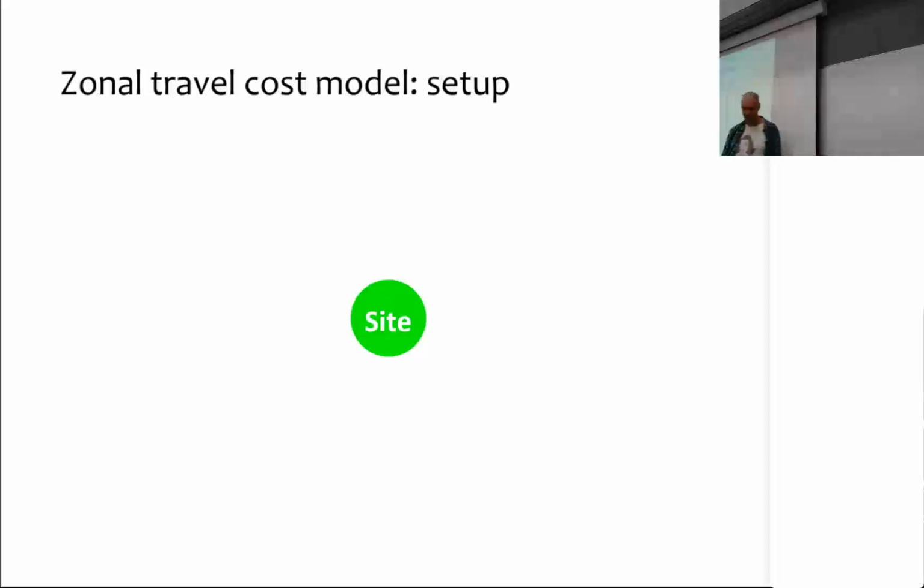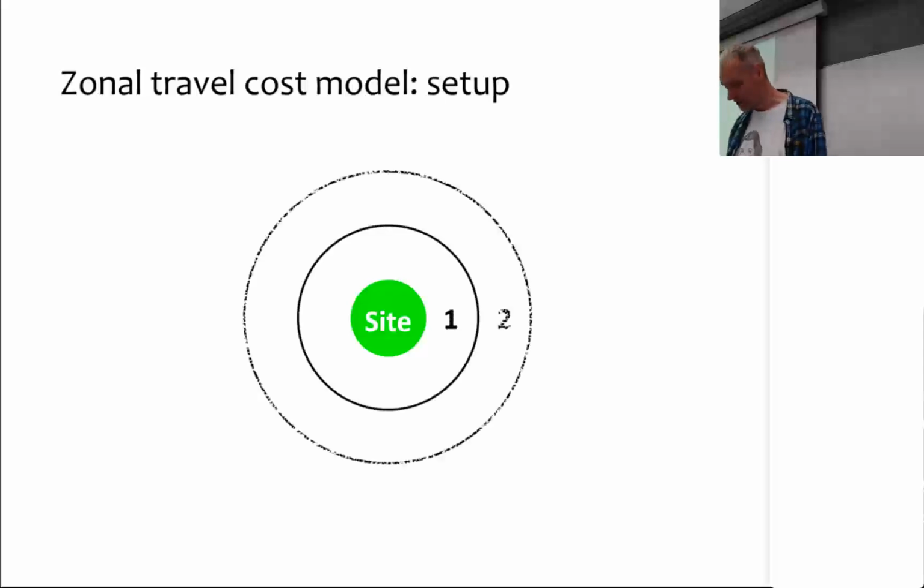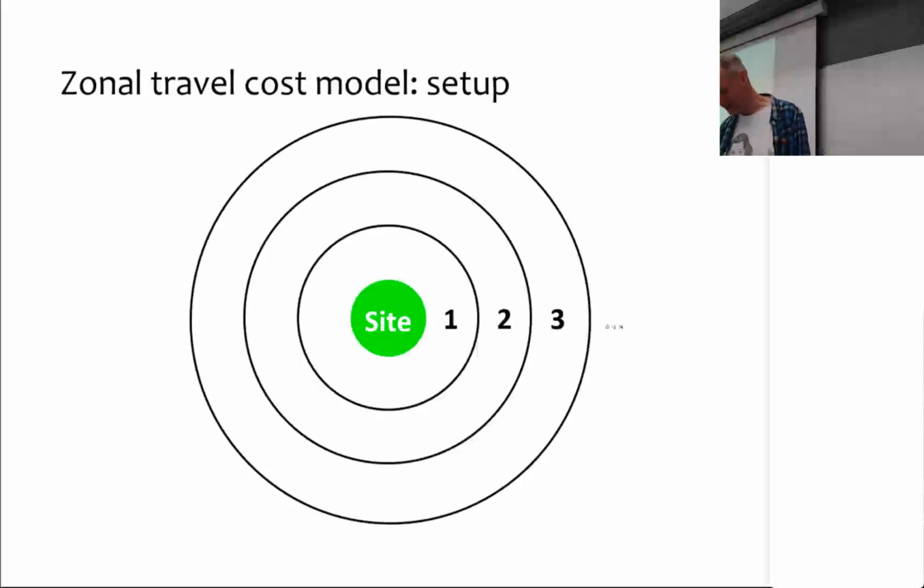There's only one. It's green. It's in the middle. And what we do is draw concentric circles around this, where the people here can get to the place with a 5-minute walk, the people here need 15 minutes to get here, the people here need 25 minutes to get there, and so on and so forth, right? That is the idea. And that is how the zones are defined.